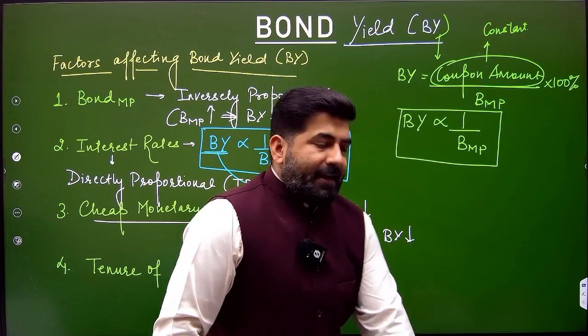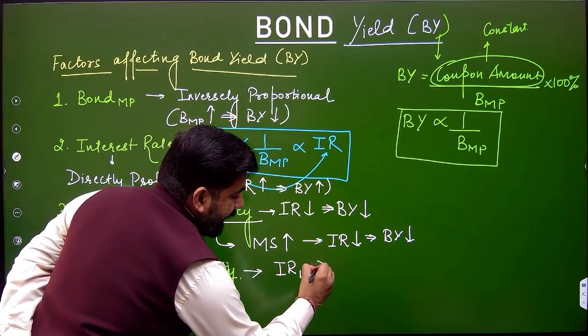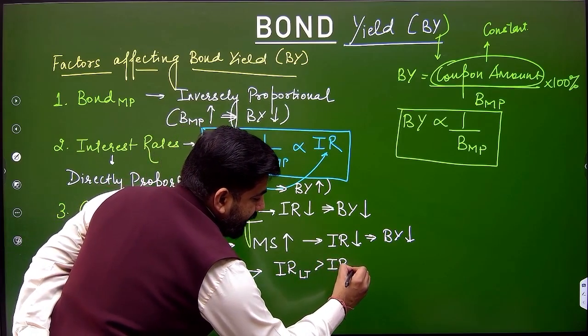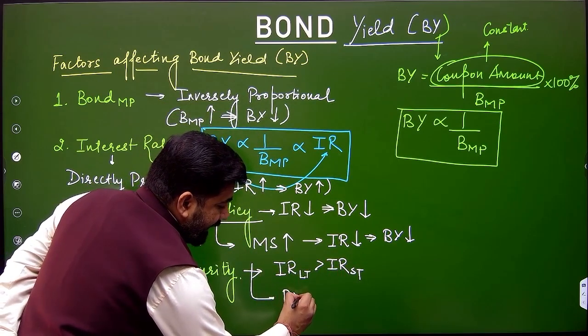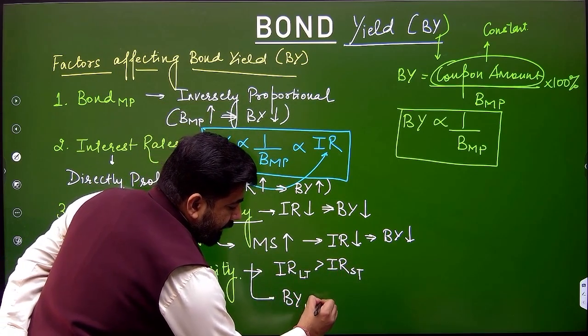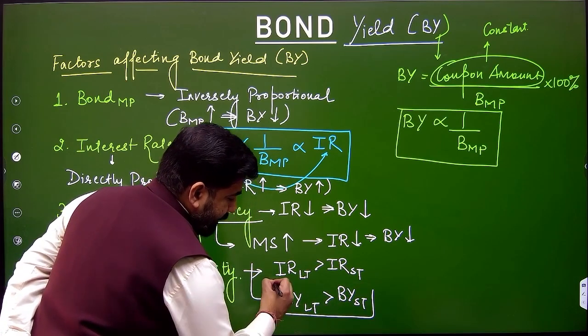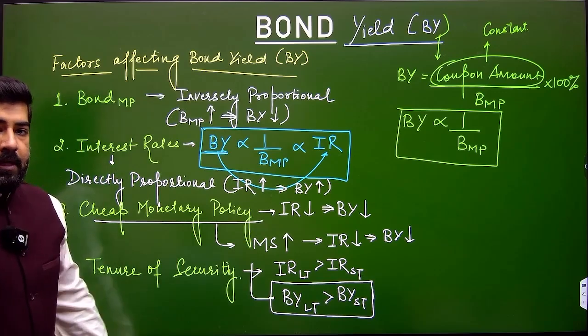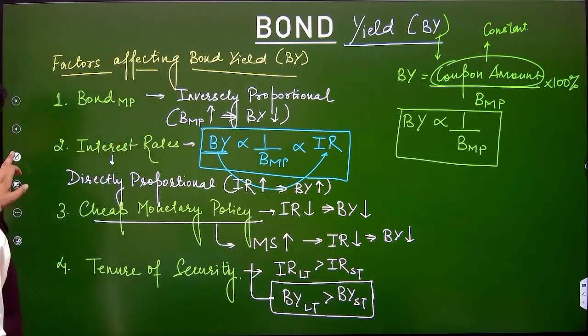Haven't we discussed that interest rates for long term are more than interest rates for short term? So thereby, in a normal circumstance, bond yield for long term will be more than bond yield for short term. Yes or no?